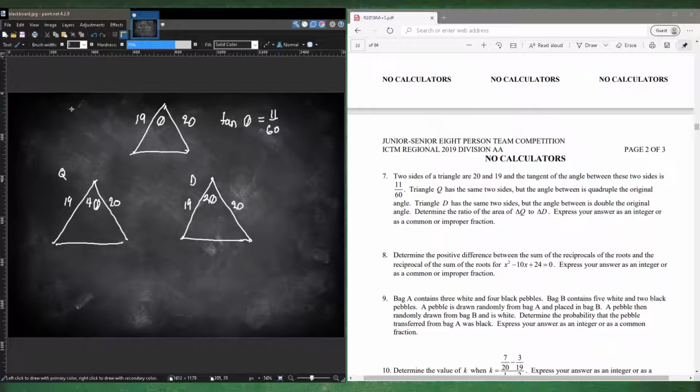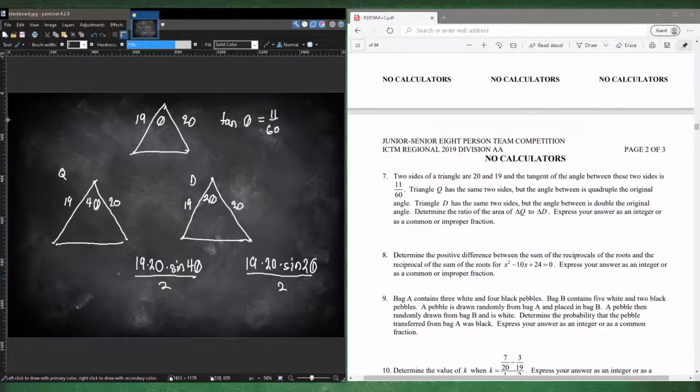So what we need to do first is know that the formula to get the area of a triangle is just the two side lengths multiplied together, so 19 times 20 times sine of the angle between them, so sine of 4 theta, over 2. And that's for triangle Q. Now for triangle D, it's going to be 19 times 20 times sine of 2 theta divided by 2.